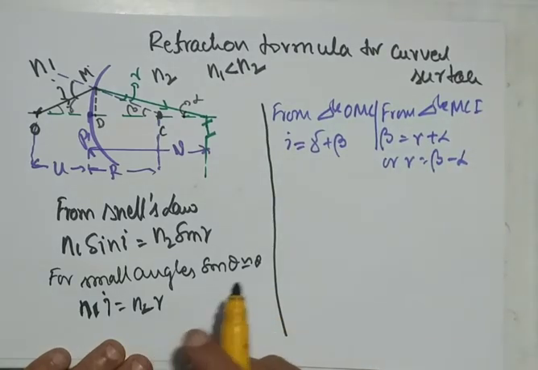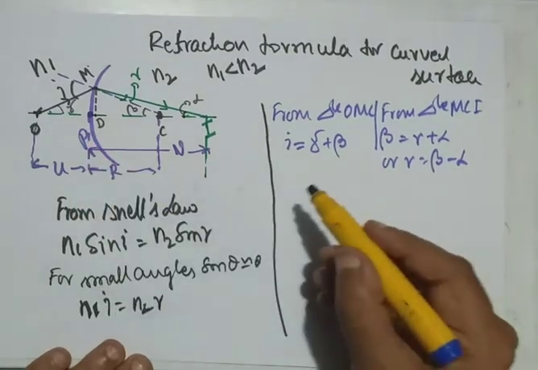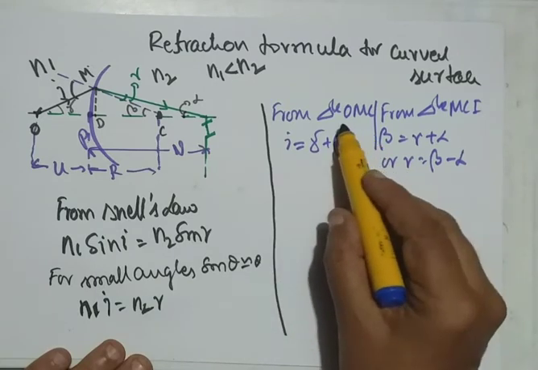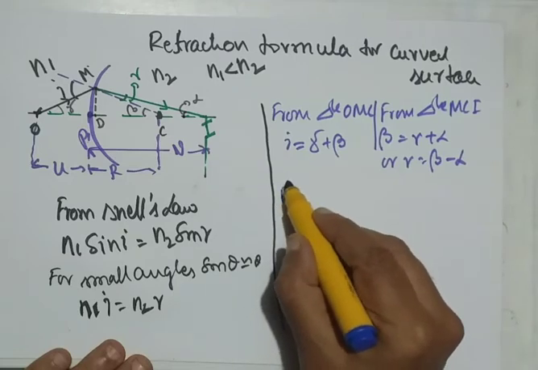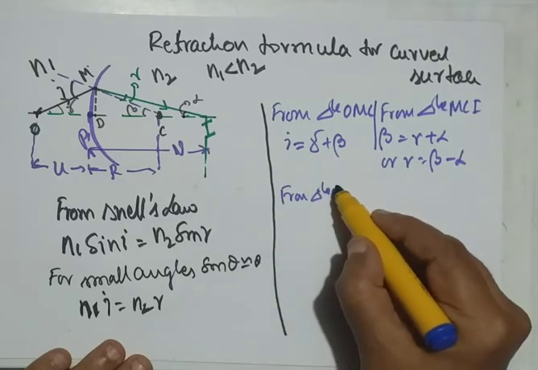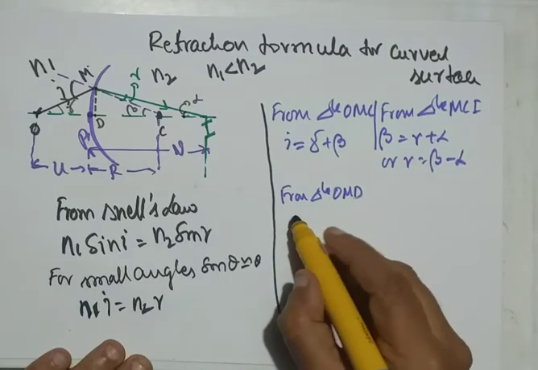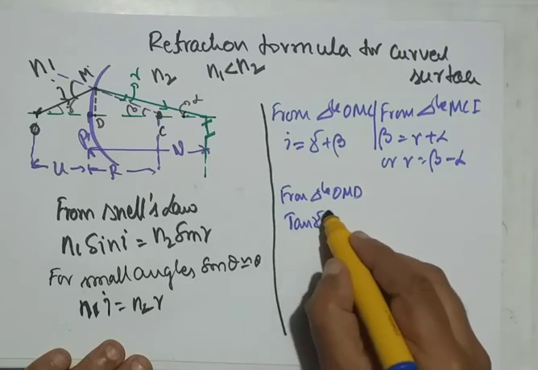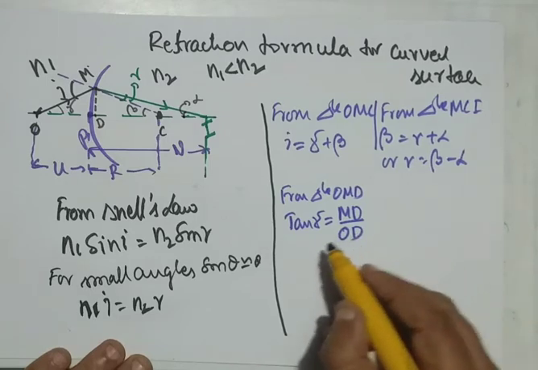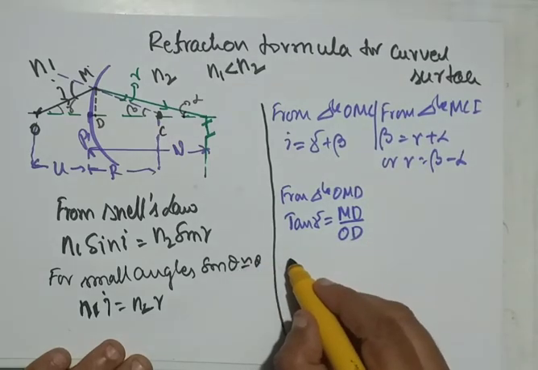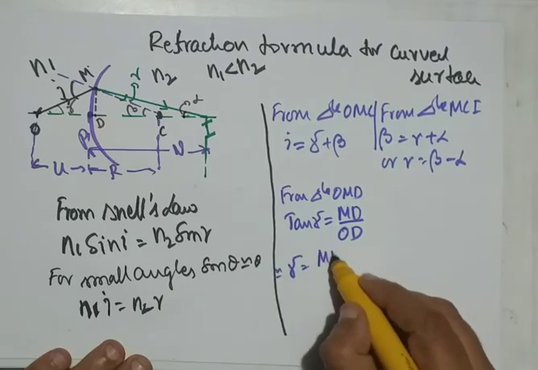Therefore, getting the values of alpha, beta and gamma by using trigonometry from the figure: from triangle OMD, tan gamma equals MD by OD. By small angle approximation, gamma equals MD by OD.